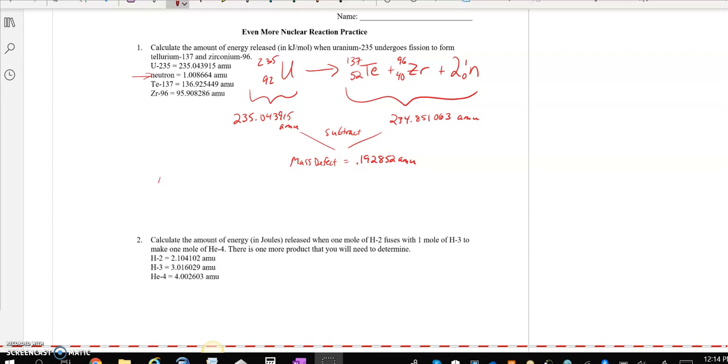Next up, we can use our E equals mc squared equation to find the amount of energy. So we've got E equals 0.192852 AMUs multiplied by our conversion factor to change it to kilograms, 1.6605 times 10 to the minus 27th kilograms per AMU, multiplied by the speed of light squared in meters per second.